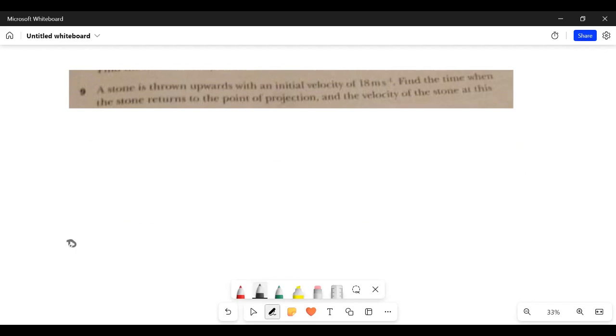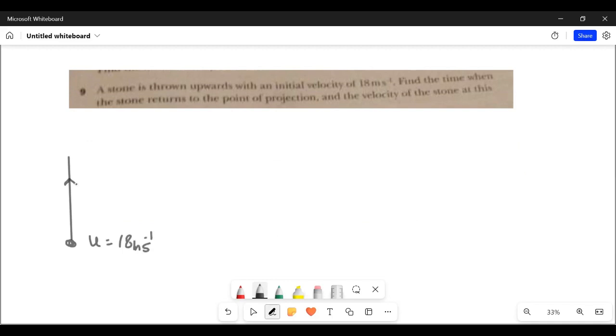So there's a stone. The movement is upward, like this. The initial speed is given, 18 meters per second. Find the time when the stone returns to the point of projection.